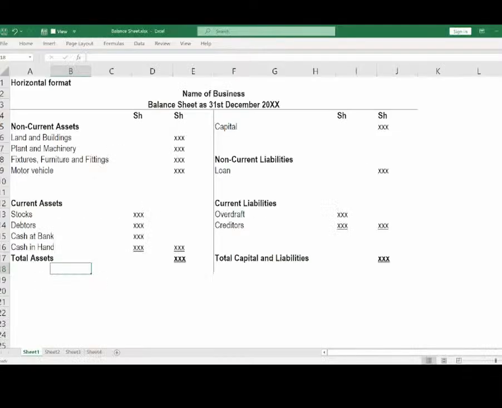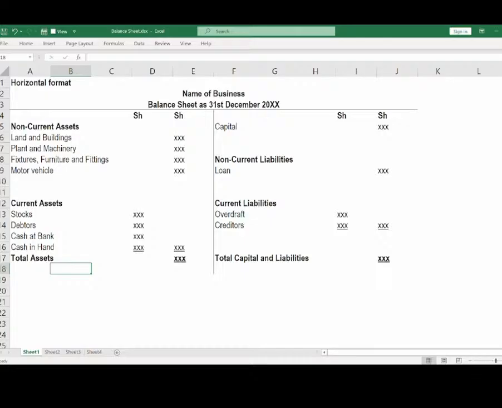I want to talk about the balance sheet, or the statement of financial position. So I start with the format, then show you an illustration. For horizontal format, you have the title. You can name it as shown: name of the business, balance sheet as at 1st December 20 and the year.